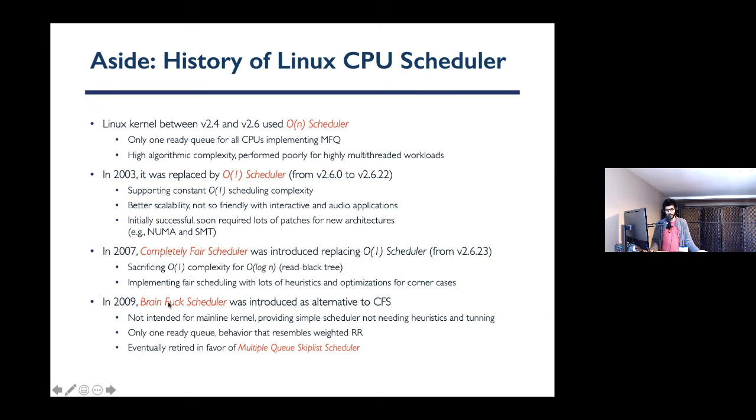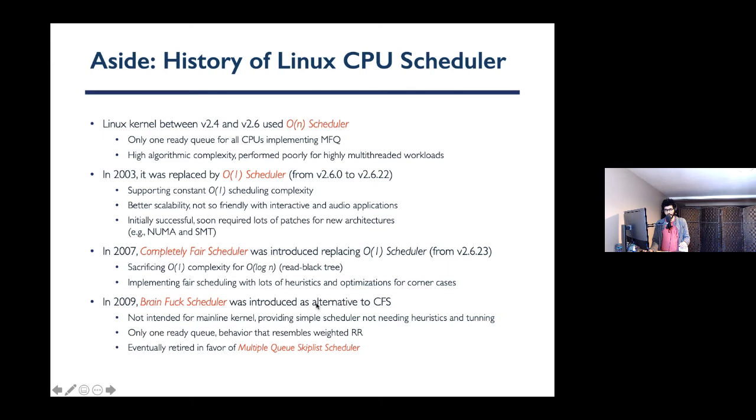So he moved to a very simple scheduling policy with a single queue for all the CPUs. He basically, I think, wanted a clean slate in terms of scheduling, without all the history that was attached to the completely fair scheduler.